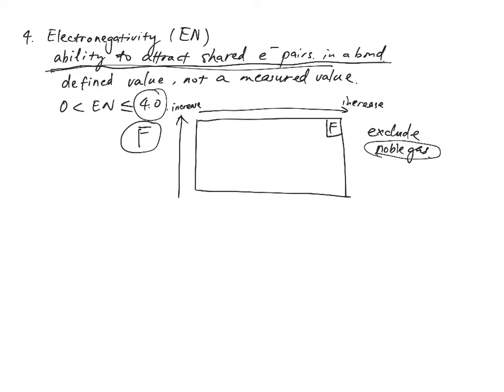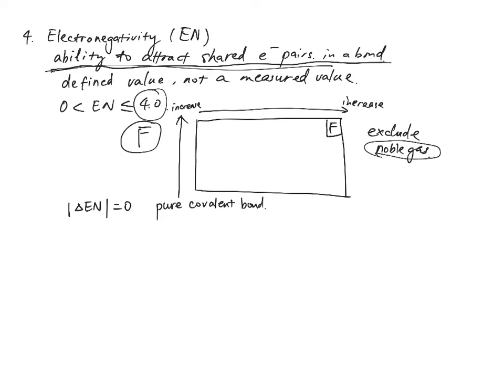In that case, same ability means same electronegativity value. So when the difference between the electronegativity of two atoms is 0, we say this bond you made is a pure covalent bond.